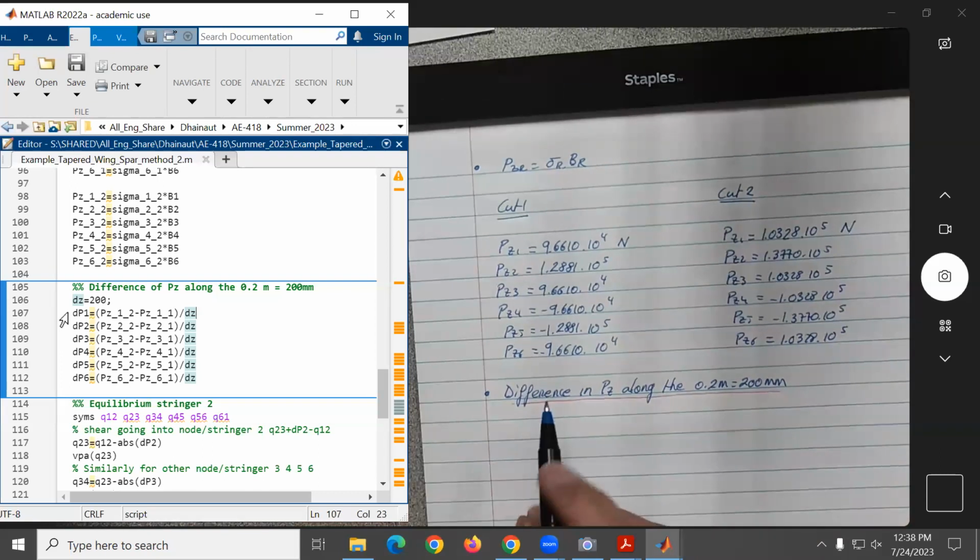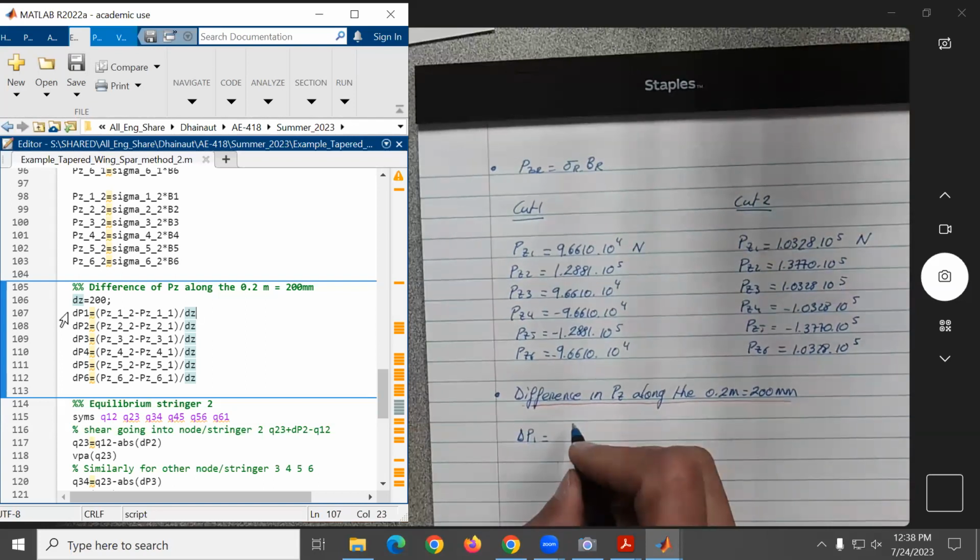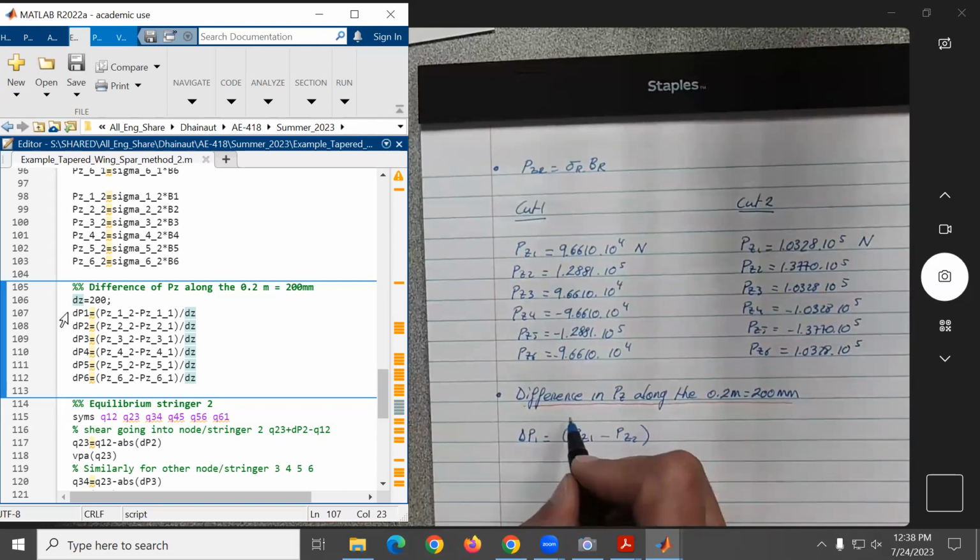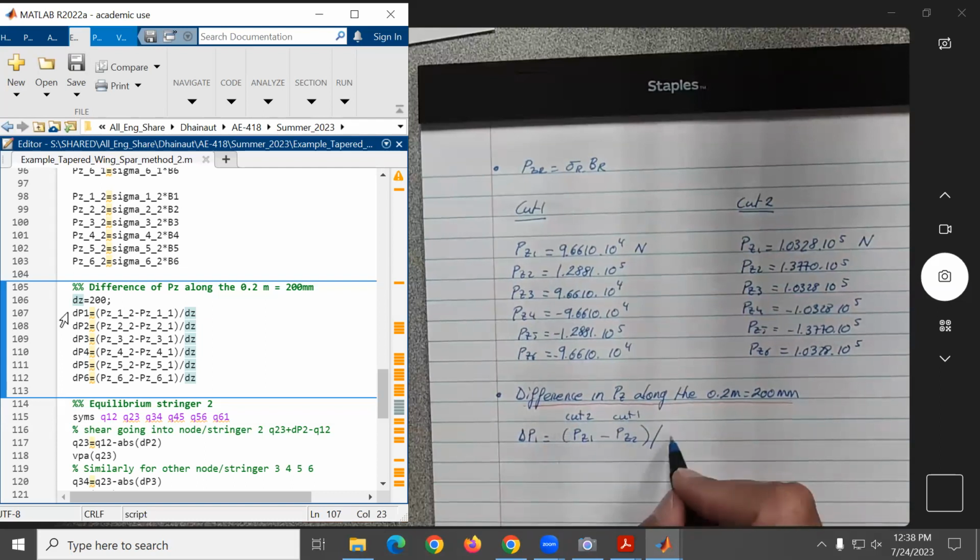So the difference for the first stringer, let me call it delta P1 instead of DP1, will be equal to PZ1 cut 1 minus PZ1 cut 2, divided by DZ.